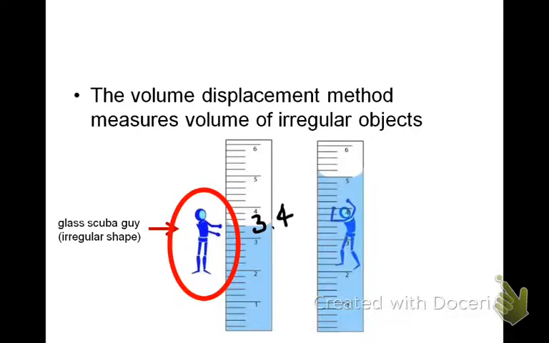When we drop the scuba guy in, the level rises to 5.0 milliliters. We're going to read at the bottom of this little curved area called the meniscus. So we subtract 5.0 minus 3.4, and that's the volume of the scuba guy, 1.6 milliliters.